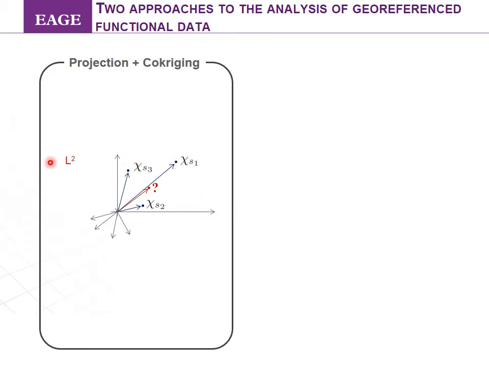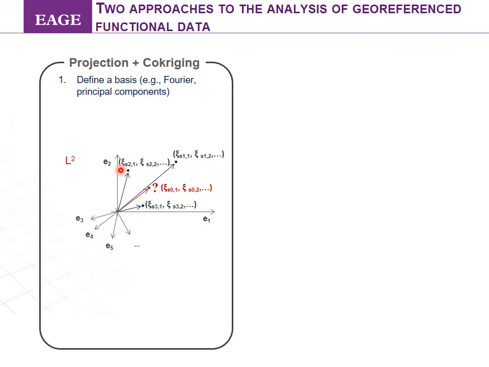The classical idea is to say, well, we have a space based on functions, so I need to create a space in which I can operate, and that was often done with projection or dimension reduction. For example, I can do principal component analysis on these functions and thereby define a principal component space on which I have scores. Then I do dimension reduction, for example, I reduce the dimension of these functions to 2.